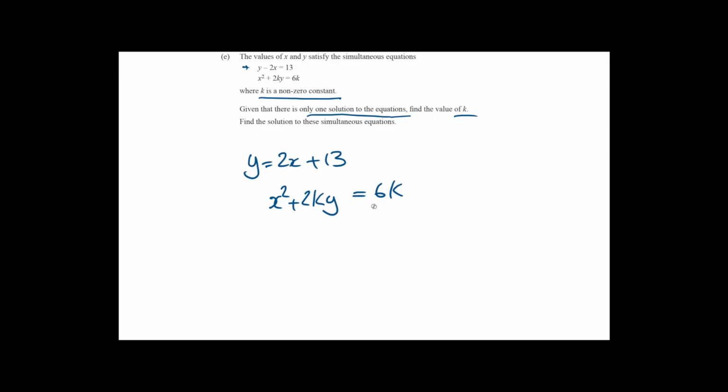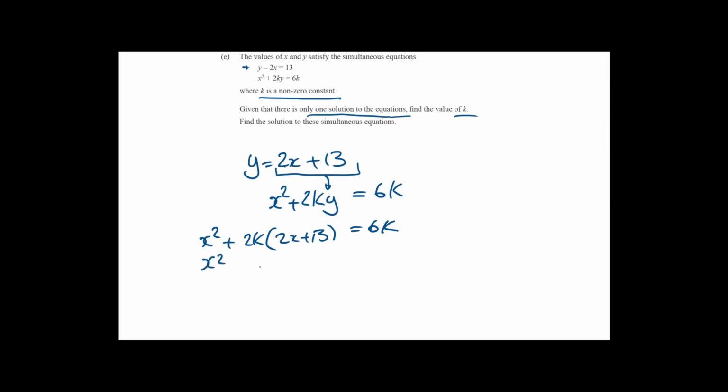We can substitute it straight in. We've got y there, so we have our golden ticket to the chocolate factory. So then what we would have is 2k times 2x plus 13 equals 6k. Okay, so we're making progress.